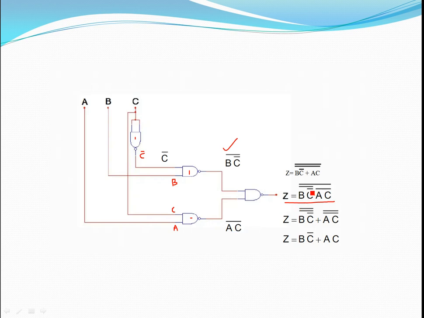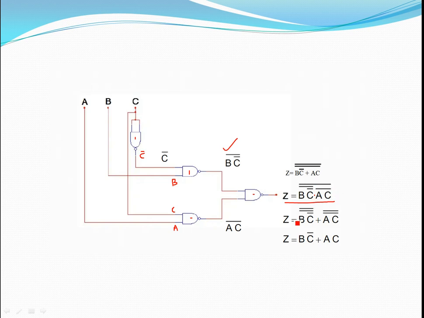Now BC bar whole bar and AC whole bar, we got both. The whole bar is there, so we require one more NAND gate. For this NAND gate, one input is BC bar whole bar and another input is AC whole bar. Hence the output z equal to BC bar whole bar dot AC whole bar.